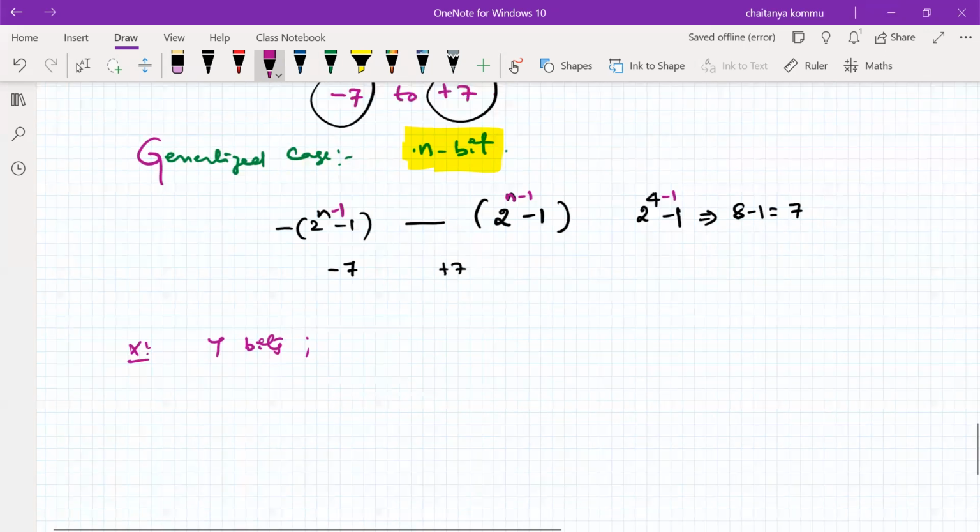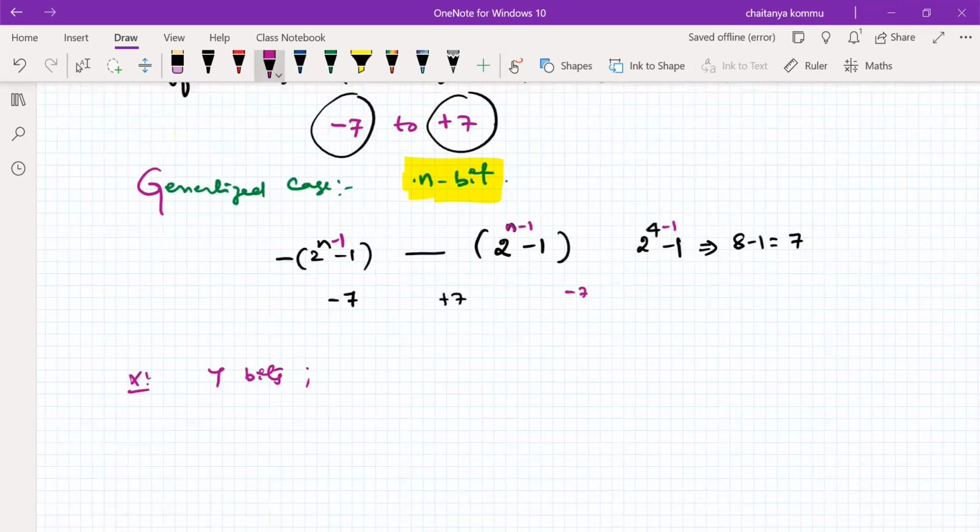Numbers are generated from minus 7, minus 6, minus 5, and so on up to plus 7. That means 15 in total. Sir, 0 is also there, right? Yeah, 15 possibilities.